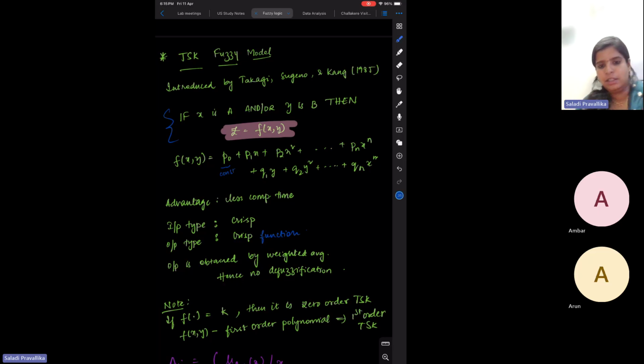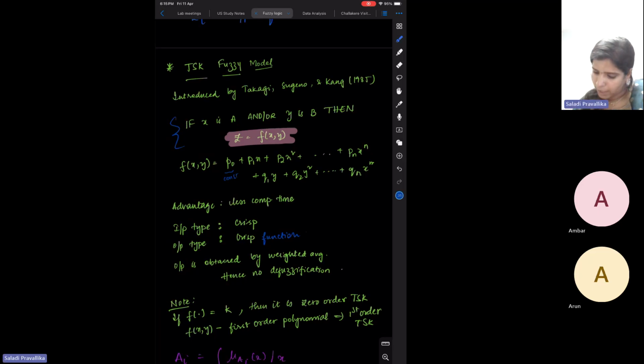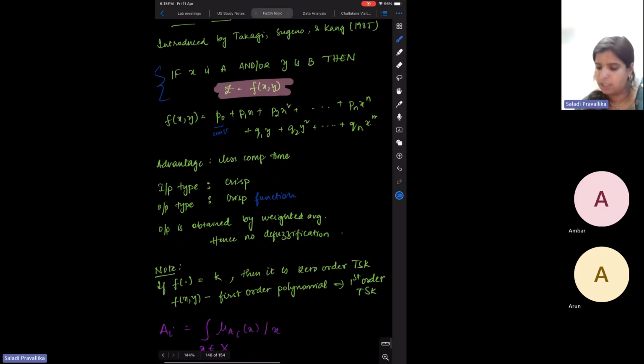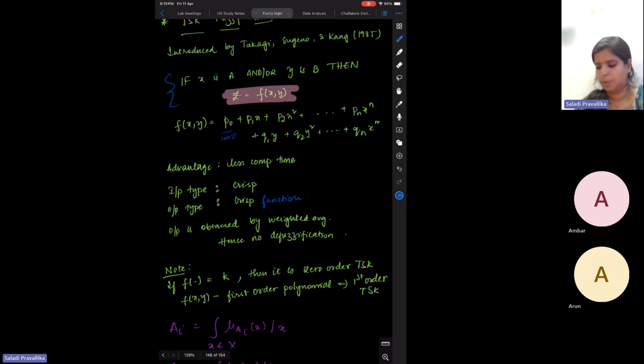So this n is again the total number of rules that you have. And the main advantage of this TSK fuzzy model is that it takes less computation time compared to any other fuzzy models. In this, the input type is crisp and the output type is also crisp.